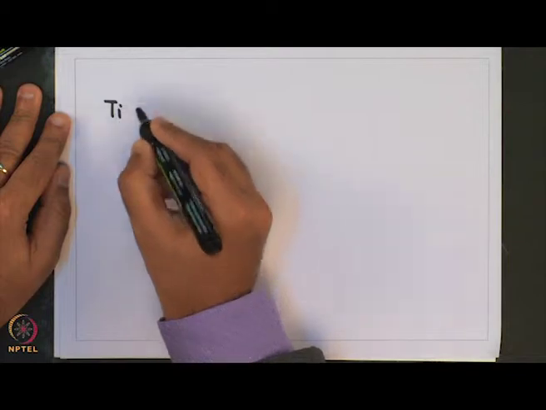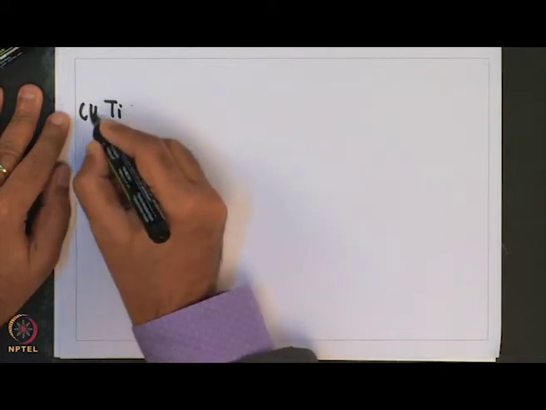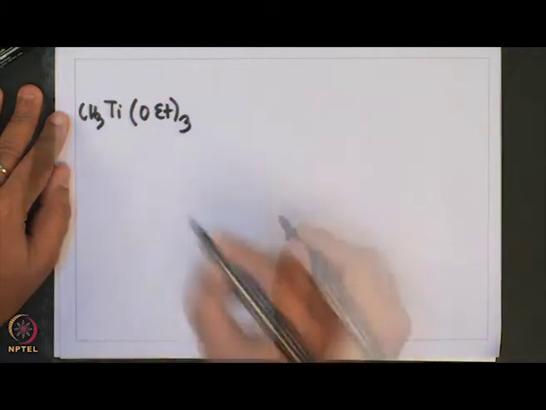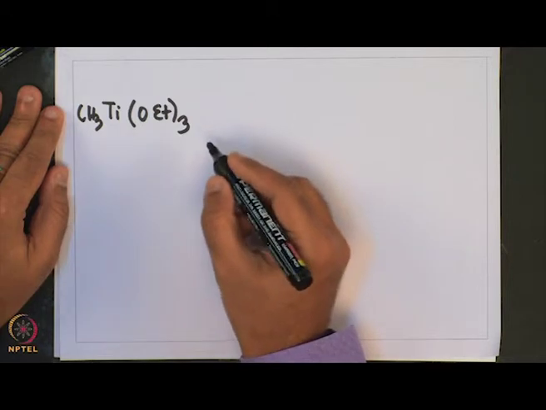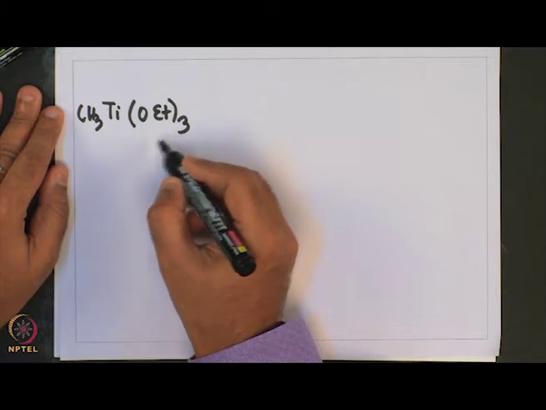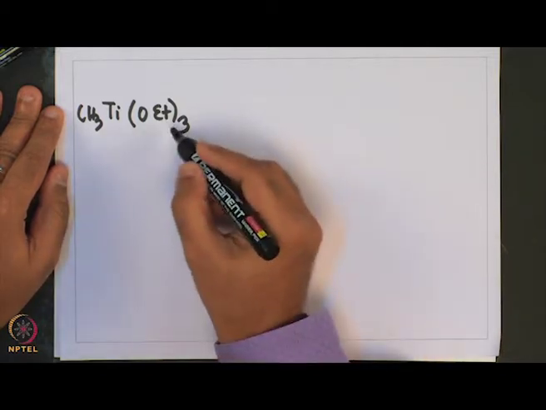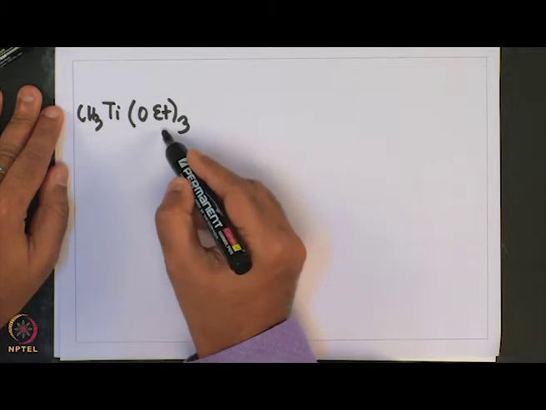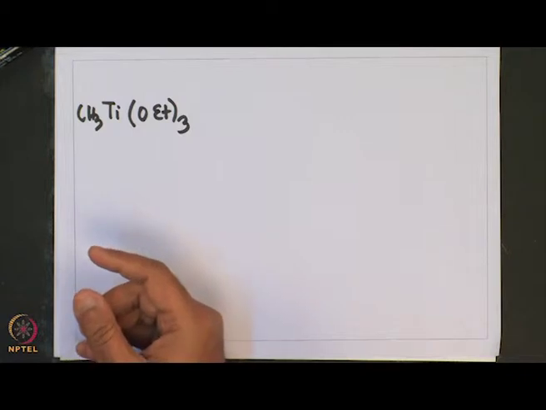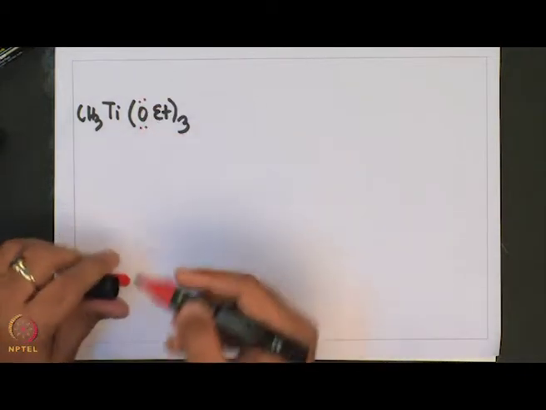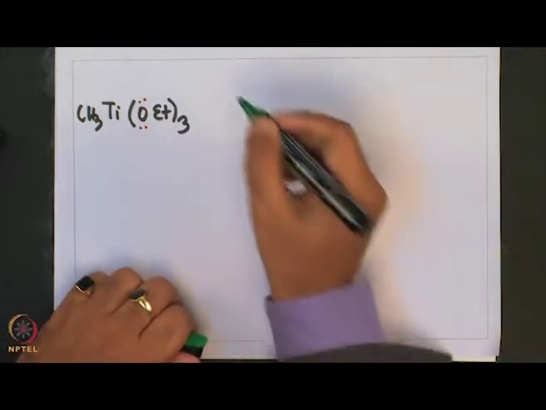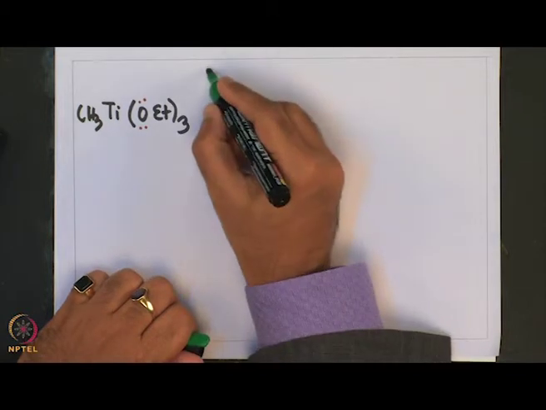Because the ethoxy group is slightly bigger than the methyl moiety, and the oxygen also has lone pairs, this bimolecular pathway can be more conspicuous.